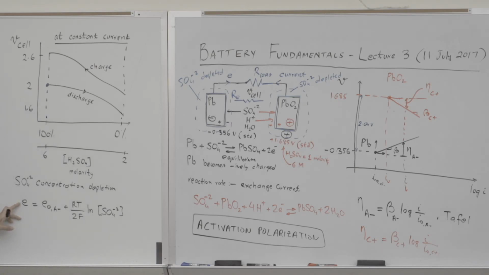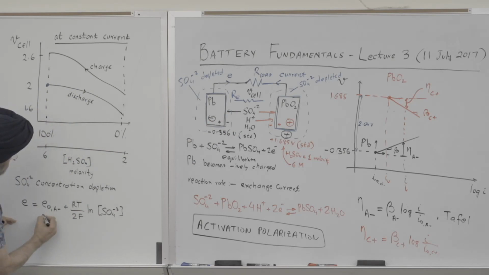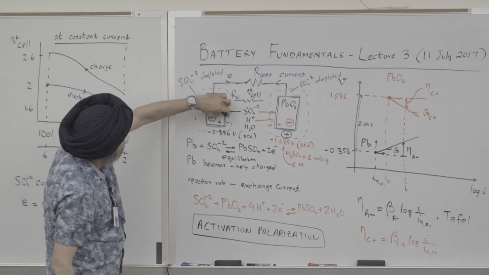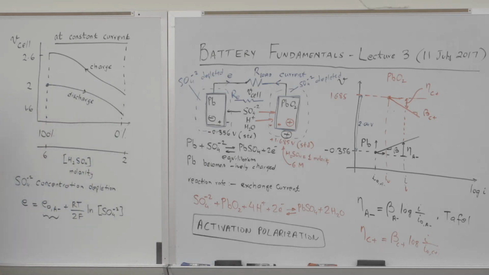What this tells us is that this voltage is equal to this voltage when this is equal to 1, right? Log of 1 is 0. But if this moves away from 1, then you have a change in this voltage. So the voltage across the lead electrode depends on the sulfate ion concentration.